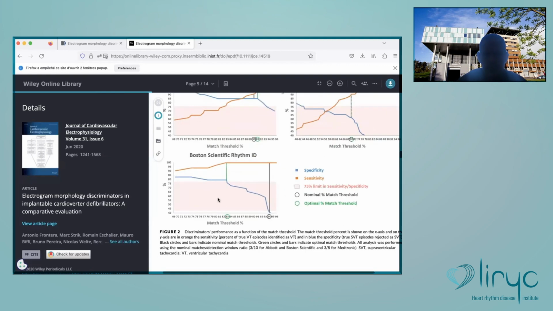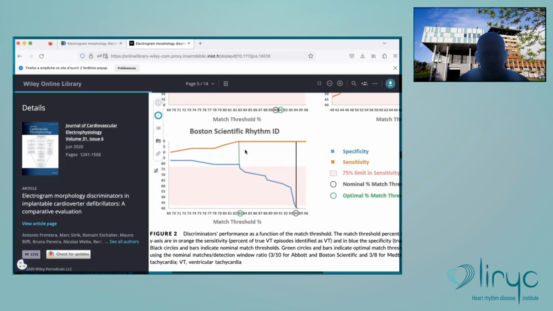If you consider the Boston Scientific, the idea was, is there a percentage that is better than another one? So you remember the nominal value is 94%. At 94%, we had 100% of sensitivity, meaning that if you program 94%, all the episodes of VT were correctly discriminated, meaning that there was no inhibition.